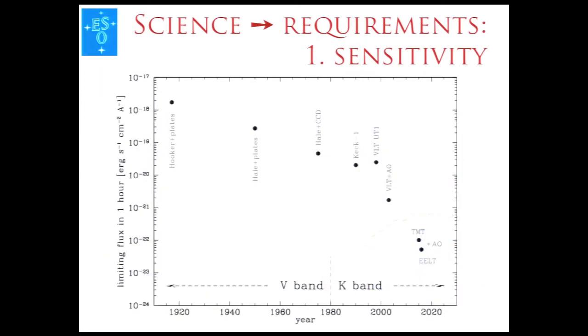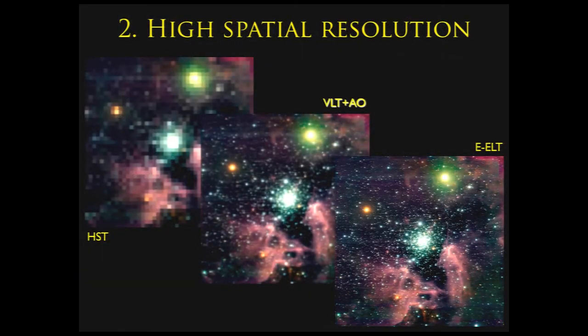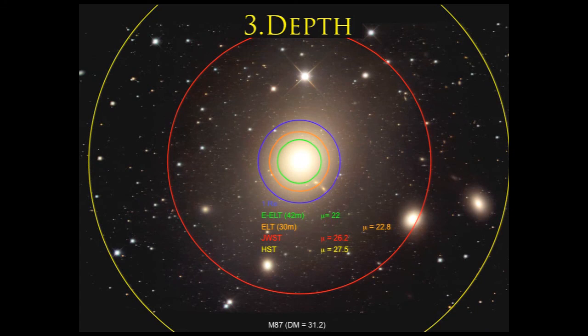I wanted to finish just saying that all these scientific cases are what drive the requirements for our telescopes: the requirement of sensitivity, the requirement of high spatial resolution, the requirement of depth, which when we are pessimistic we call the confusion, which is our ability to separate stars in areas where there are many stars.